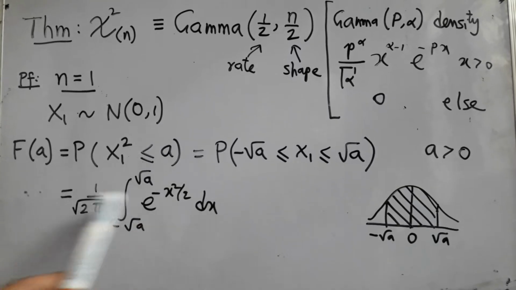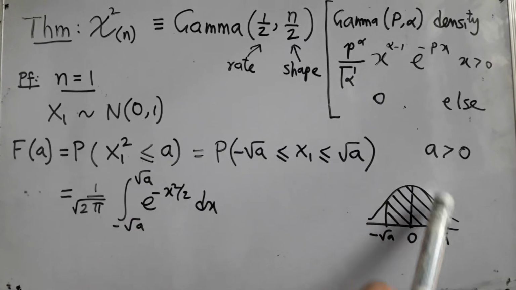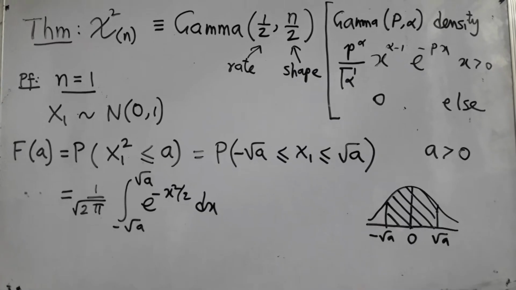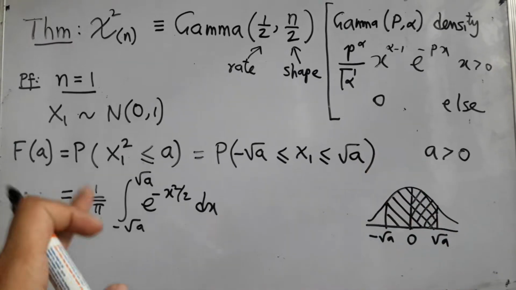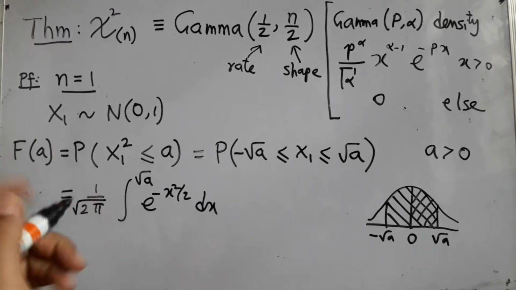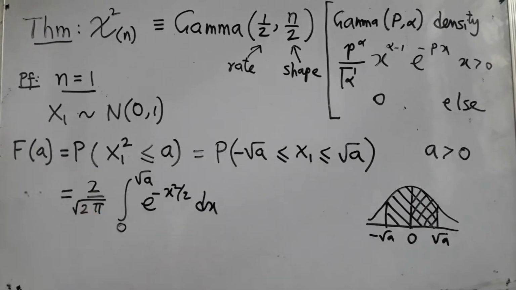This is the normal density and I am integrating from minus root a to plus root a. Pictorially it is this area. Now I know it is symmetric around 0, so it is enough to work out only half of this and just double it. So this actually equals, make it from 0 and double it, put a 2 over here.